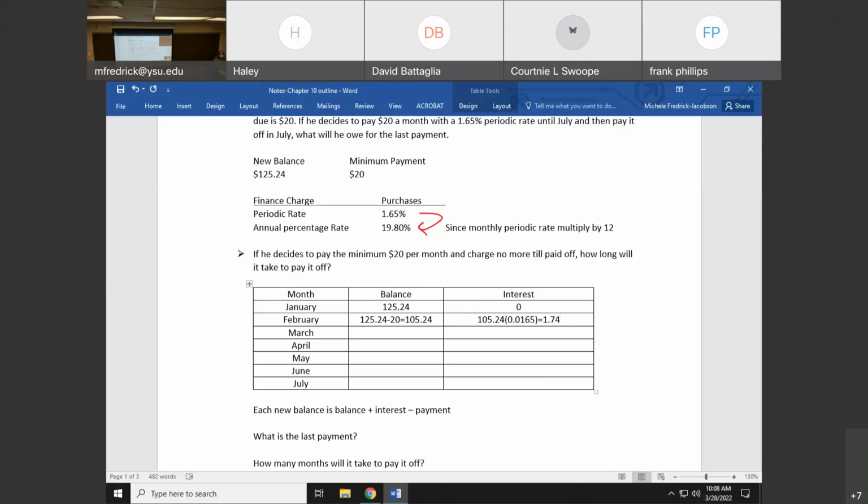Hopefully I multiplied these all right this morning. Are we getting $1.74? Any questions so far?